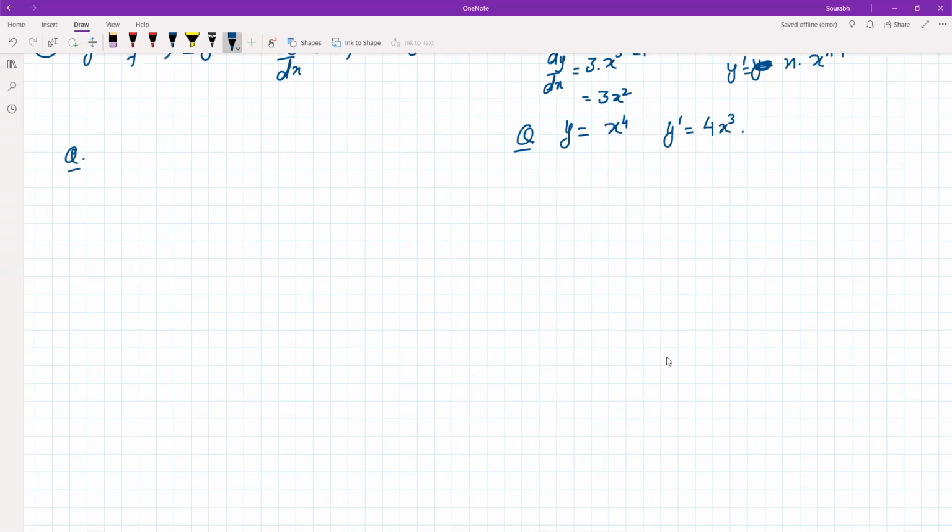Suppose the question is y equals 1 by x. We haven't studied this yet, but in order to solve this, we'll say y equals x to the power minus 1, because 1 by x is what? x to the power minus 1. So now what will be y dash?